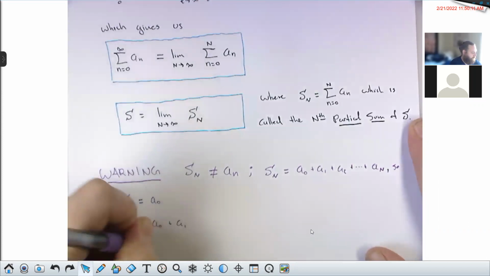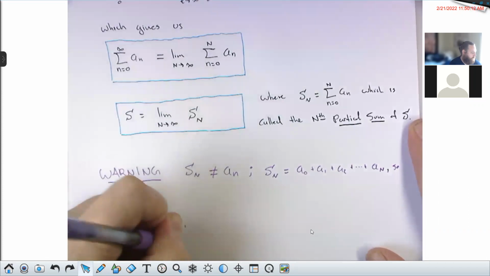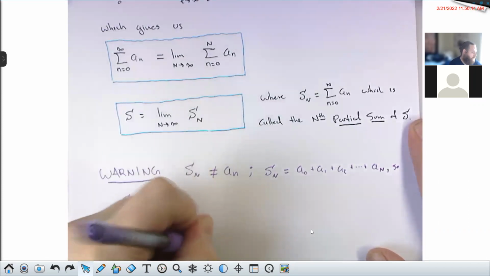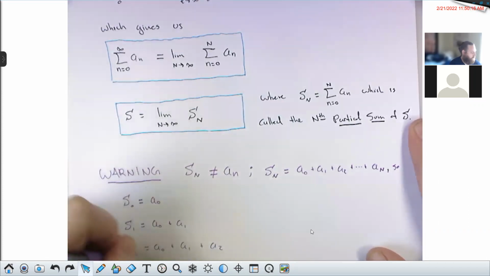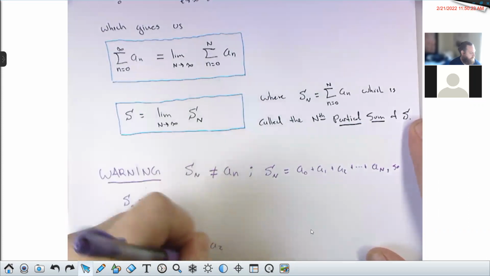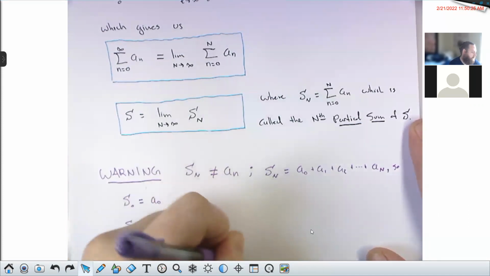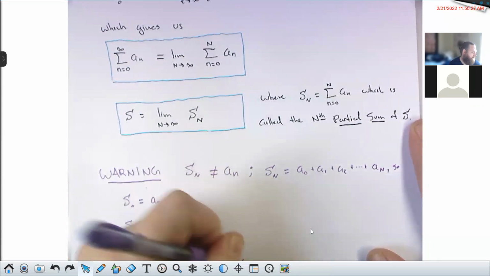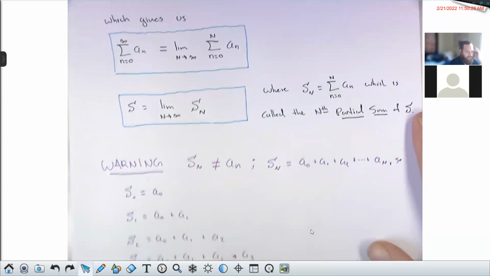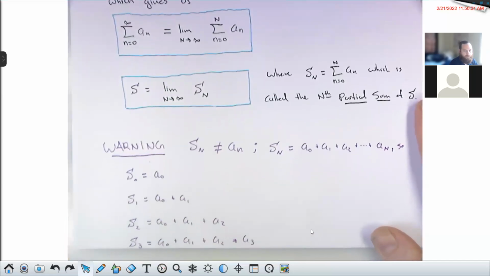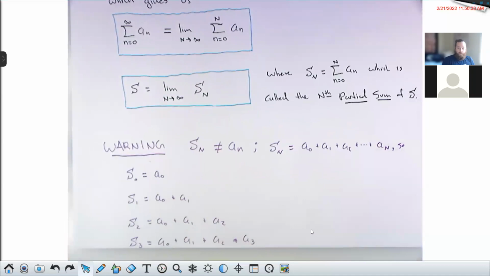S2 would be A0 plus A1 plus A2. S3 would be A0 plus A1 plus A2 plus A3. Right, that's the idea. The S's come from the A's, but they're not the same as the A's.